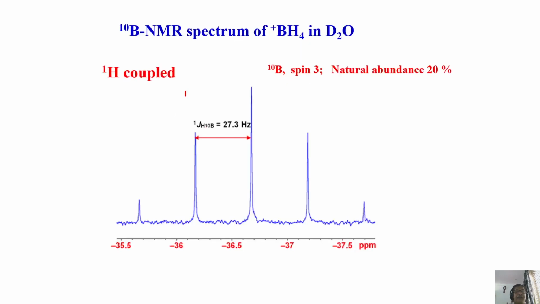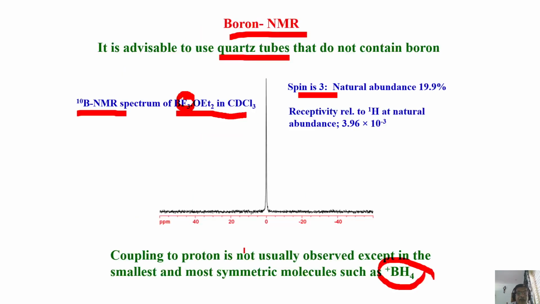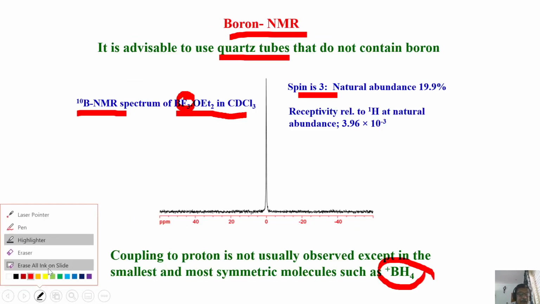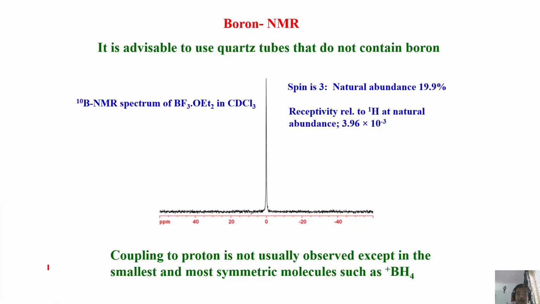Let's see now what is happening in the next one. In the next one, if this is BH4, that is BF3 OEt2 as the reference. Now in the B10 NMR, if I see B10, this H4 should couple to that. Am I right? Coupling to proton is not usually observed here in the smallest and most symmetrical molecule except in these molecules.